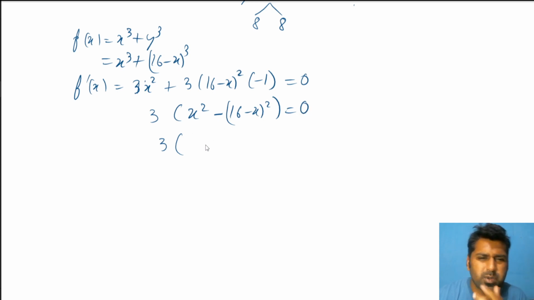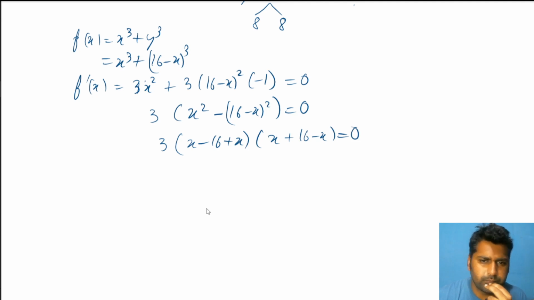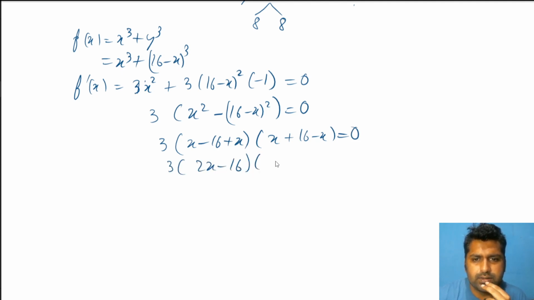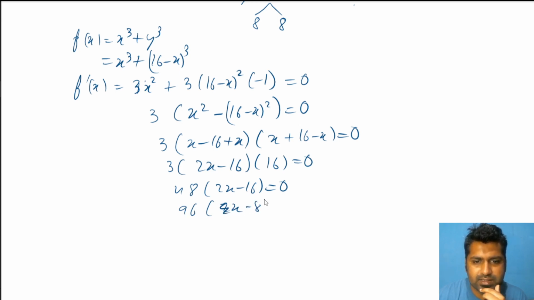So a square minus b square we can apply, or if you want you can literally open this. So x minus 16 plus x, into x plus 16 minus x, equals 0. So you will get 2x minus 16 into 16 equal to 0. So basically 48 into 2x minus 16 equals 0. If you take 2 common, you get 96 into x minus 8 equals 0.